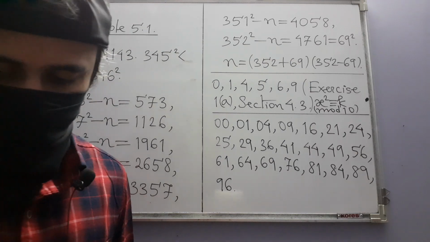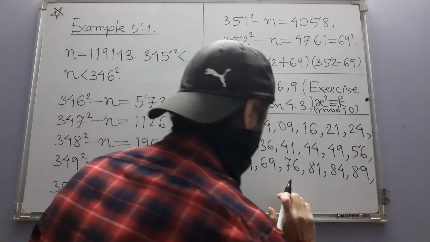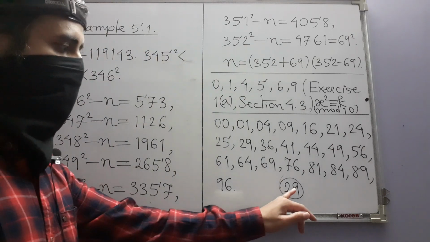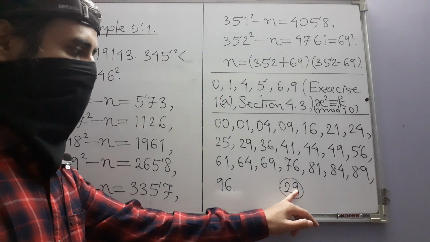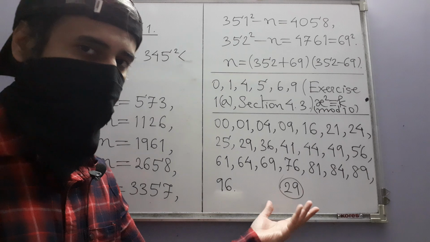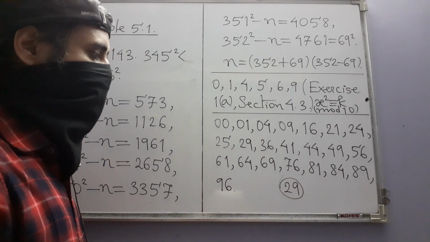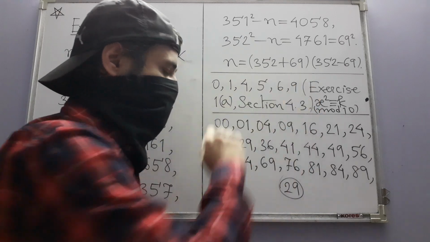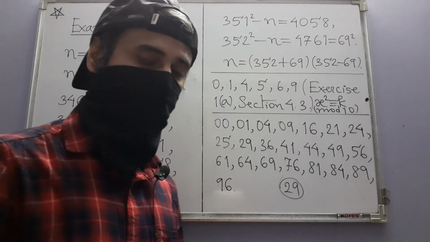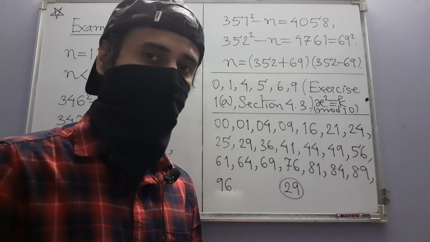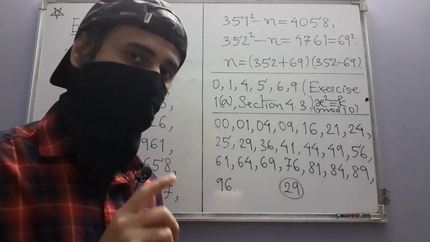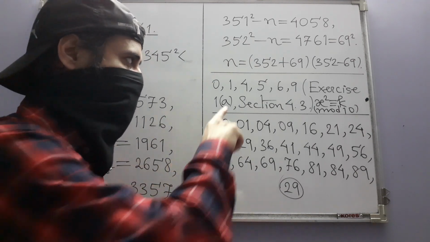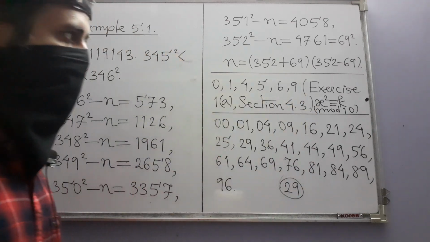For example, look at the number 29. Its last digit is 9, but 29 is not a square. In fact, 29 is a prime number. Okay, so the last digit being one of these numbers is not a sufficient condition for a number to be a square, but it's a necessary condition. If something is a square, then its last digit has to belong to this list.